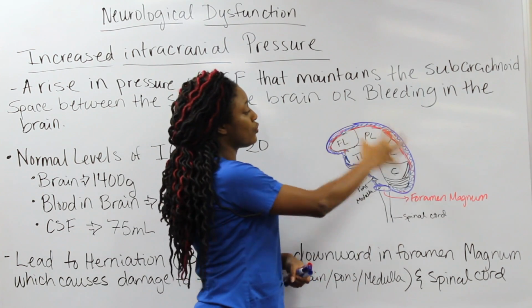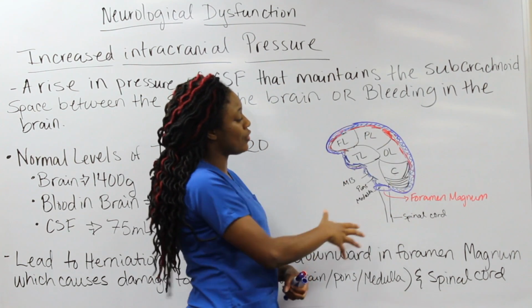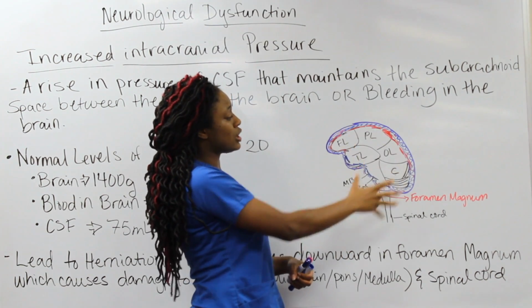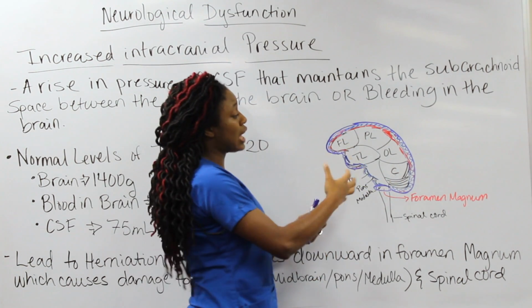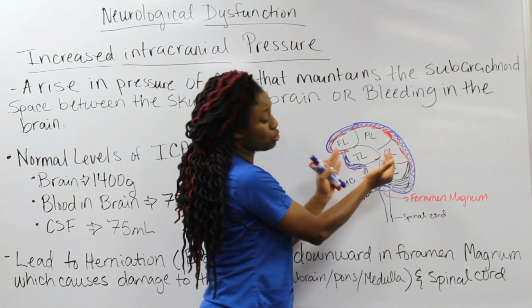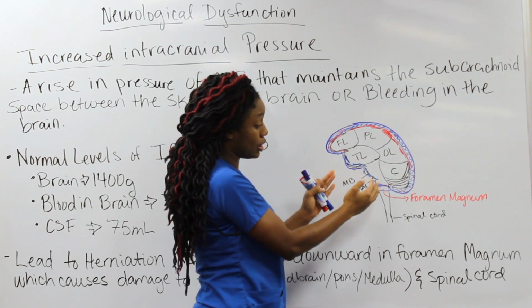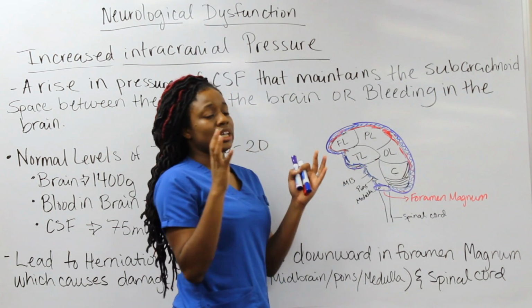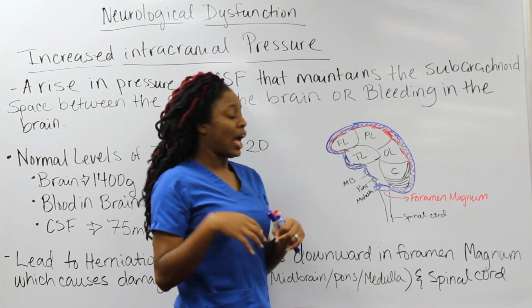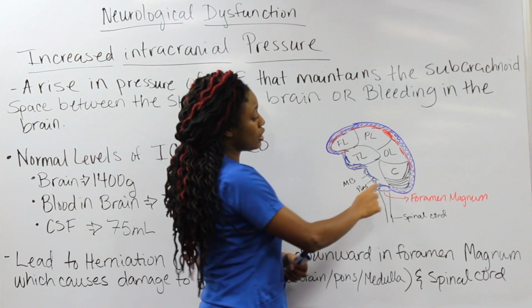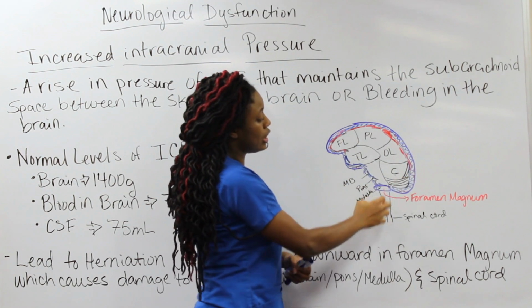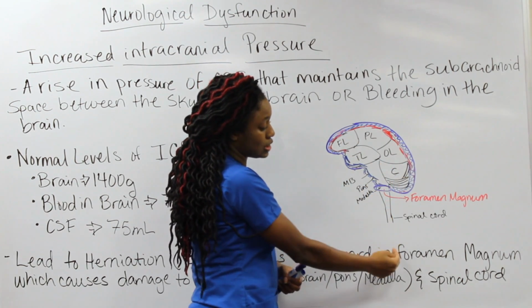So when I have this overflow of fluid, whether it's blood or CSF, this blood has to go somewhere. It's going to crush or put pressure on the brain tissue around those areas, and eventually it has to go somewhere. If you remember in anatomy, within the skull there's an opening because the spinal cord has to continue down.